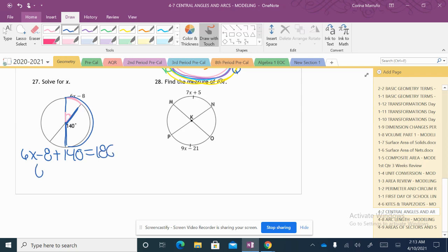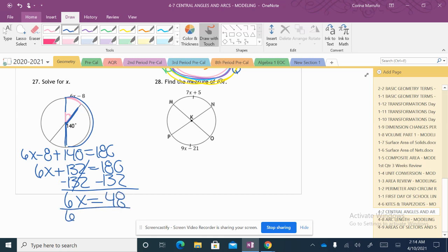I'm going to combine my like terms, the negative 8 and the 140, and that's going to give me plus 132. I'm going to go ahead and get the x by itself by first moving the 132 to the other side by subtracting, and I get 6x equals 180 minus 132, which gives me 48. Then we divide by 6, and 48 divided by 6 gives me 4. And that's it, because that's all we had to solve for was x.